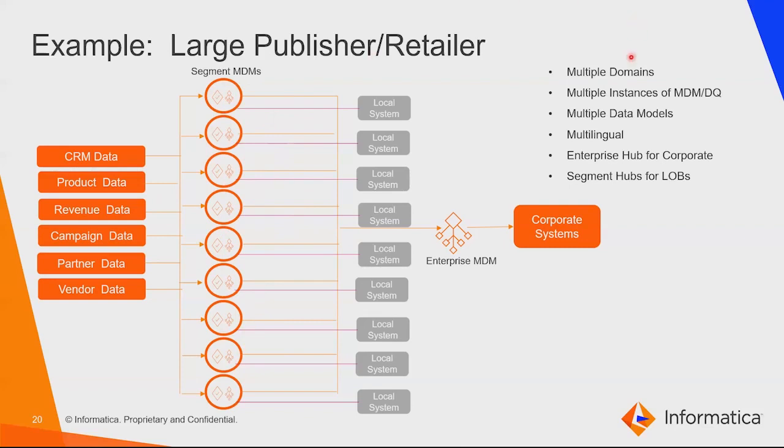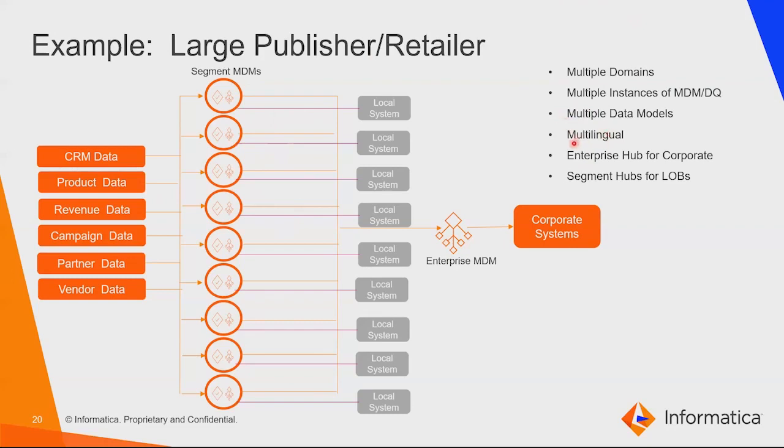When it comes to the data models, again, these data models could be based on the domains that they're servicing, or they could be based on geographies or even languages, right?